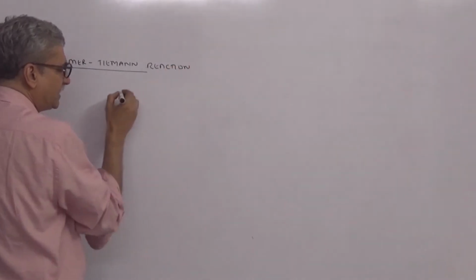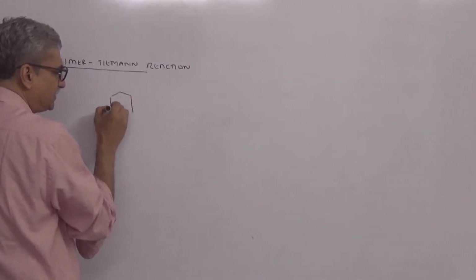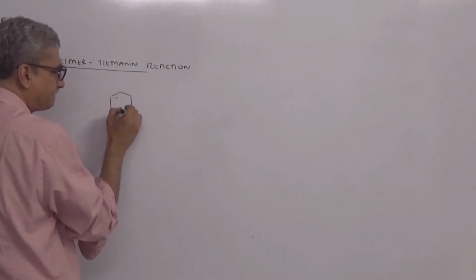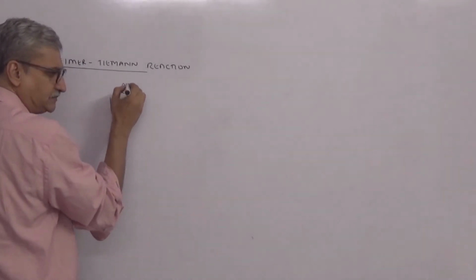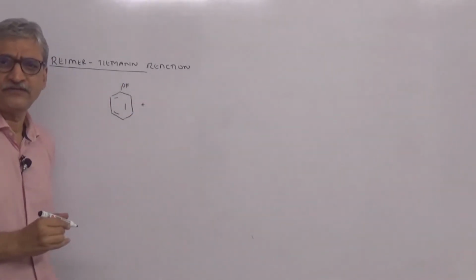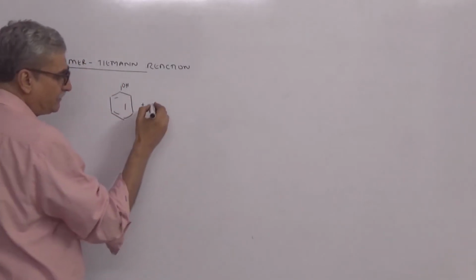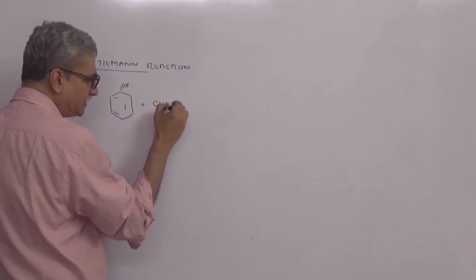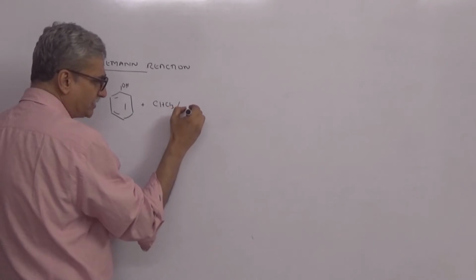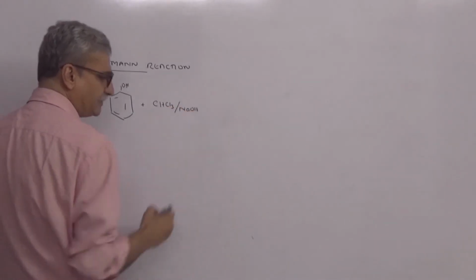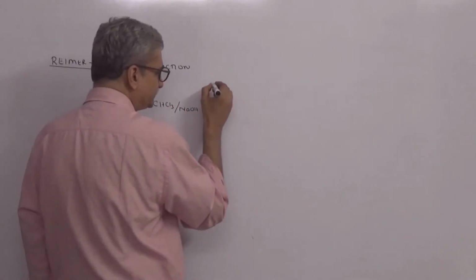So, what happens in the Reimer-Tiemann reaction is, you take phenol and react it with chloroform CHCl3 and NaOH. What do you get?